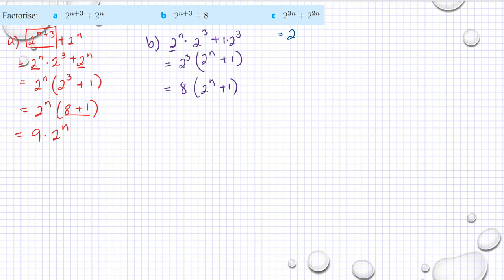We have 2 raised to 2n plus n. That is also 3n. Then we have plus 2 raised to 2n. If we expand this, we have 2 raised to 2n multiplied by 2 raised to n plus 2 raised to 2n. Then we have a common factor. We factorize it. So we have 2 raised to 2n, that is the common factor. What remains is 2 raised to n plus 1. So we have already factorized it.